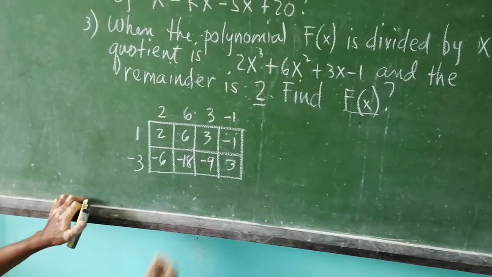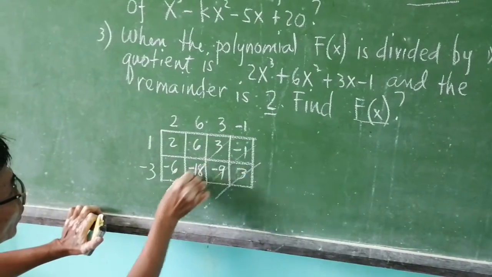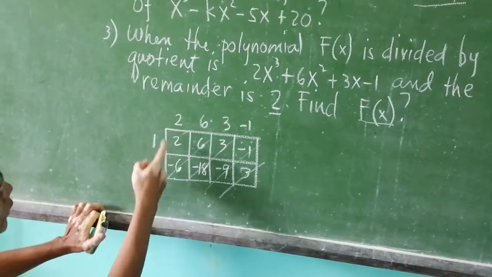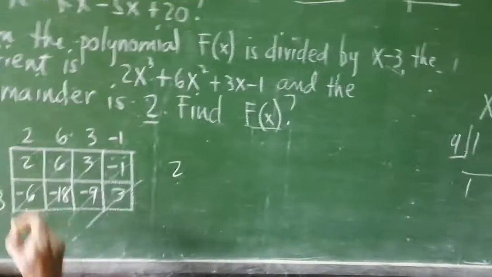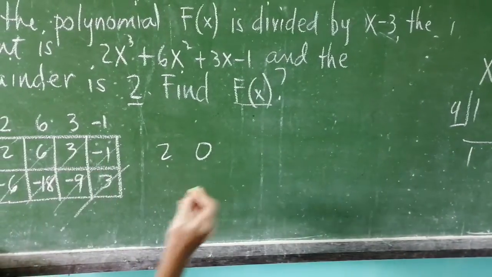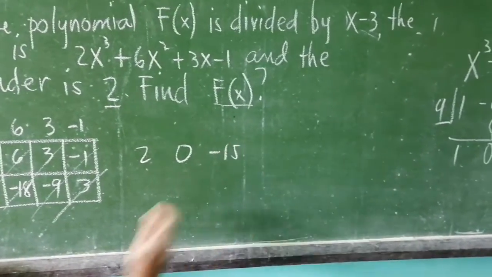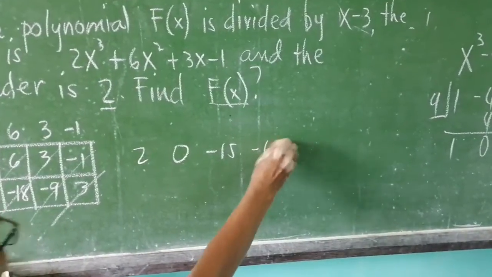So lattice method is something like that. We are going to add them. So first number there is 2. Negative 6 plus 6 is 0. Negative 18 plus 3 is negative 15. Negative 9 and negative 1 is negative 10.